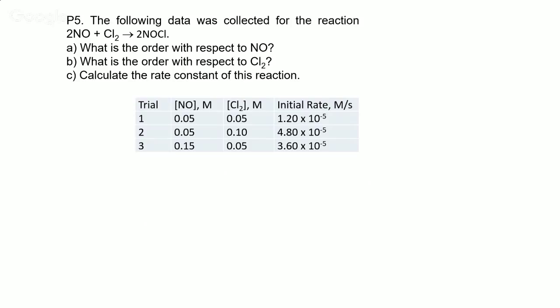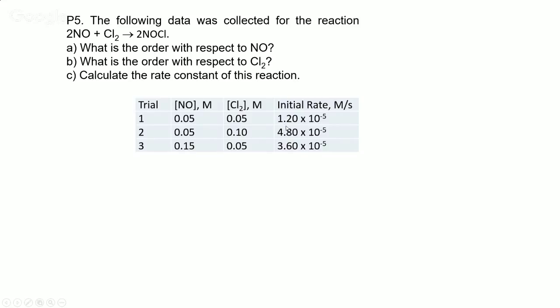For example, looking at problem P5 in my textbook, cheap plug. I have this one reaction, and here's a table of data. This time we did 3 trials, and you can see that you do it once with them both at 0.05. You do it again, you hold the NO concentration constant, but you change the chlorine concentration.